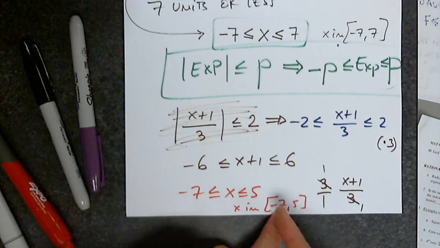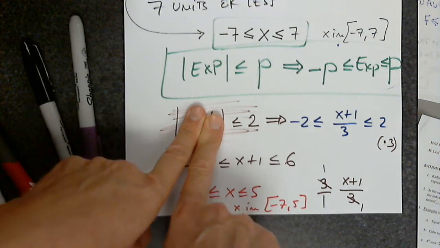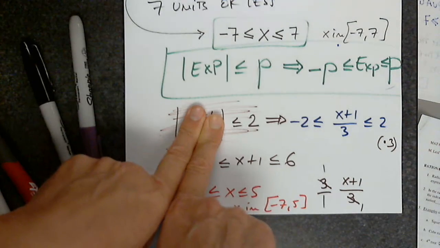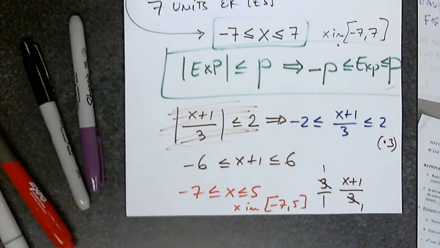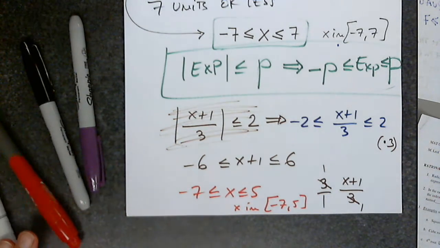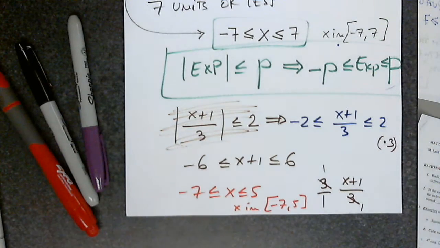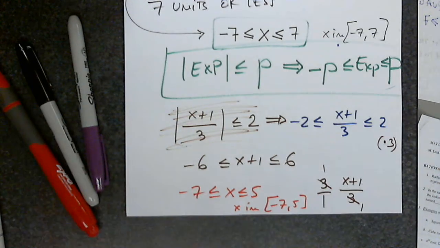If I pick x between -7 and 5, this number will have the distance from 0, guaranteed, less than 2 units. This is widely used in measurements for a tolerance. So when they say, for example, the length of my marker can be plus or minus 0.5 inch, that is obtained with something like this, with an absolute value inequality.